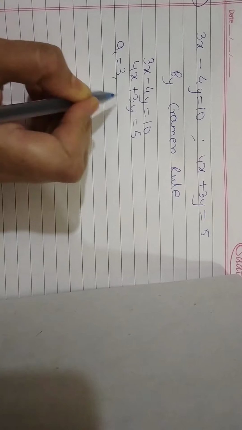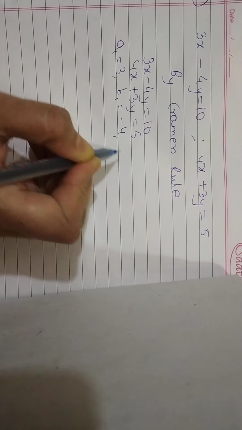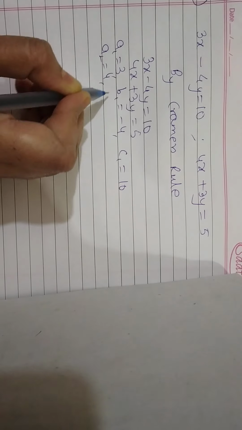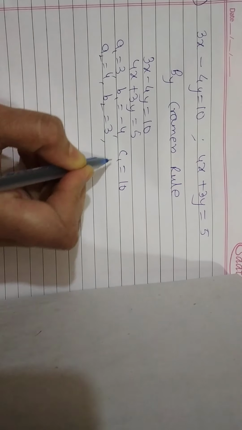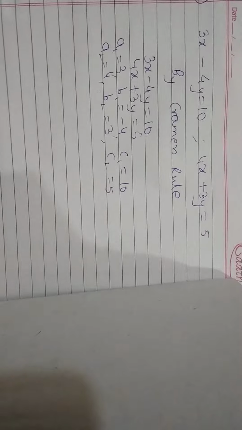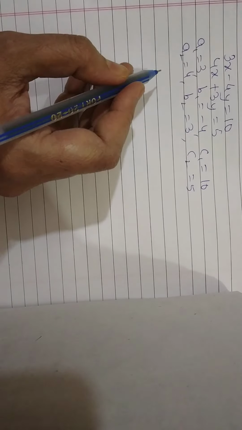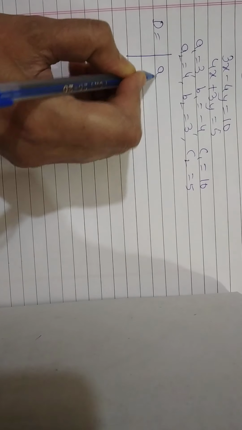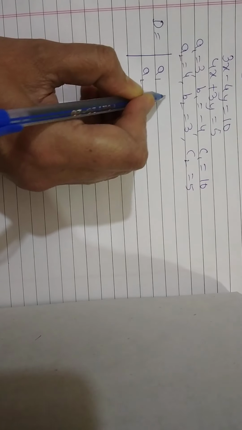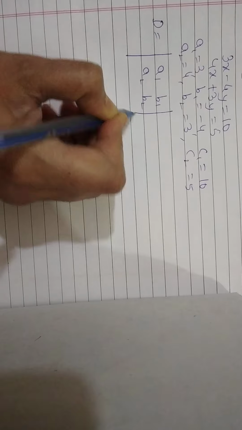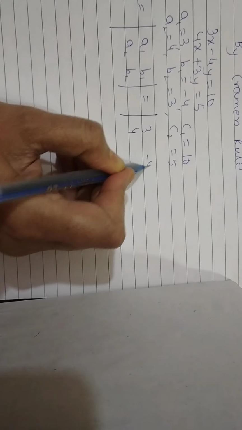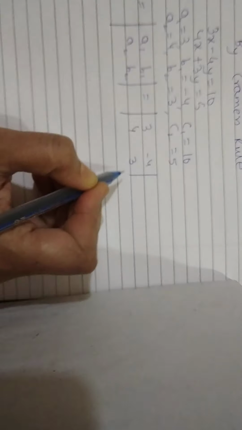A1 is equal to 3, B1 is equal to minus 4 and C1 is equal to 10. A2 is equal to 4, B2 is equal to 3 and C2 is equal to 5. As we have already done, D is equal to formula we have A1, A2, B1, B2. We'll substitute the values 3, 4, minus 4, 3.